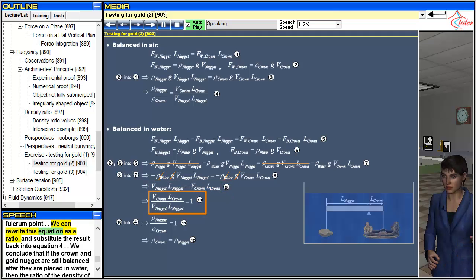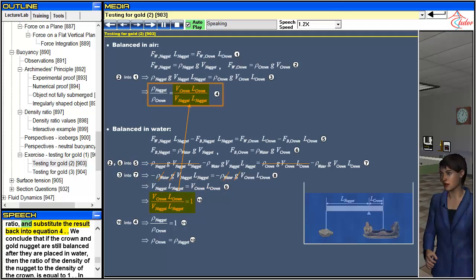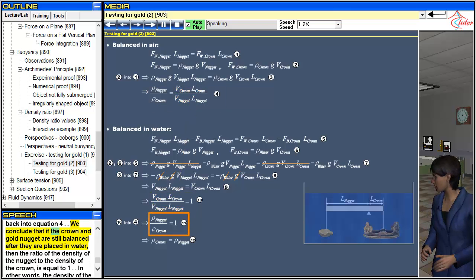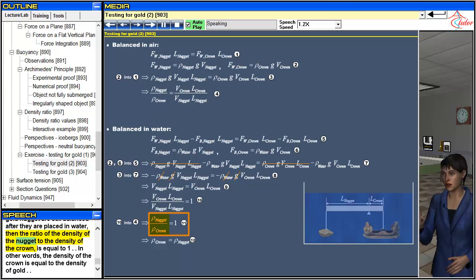We can rewrite this equation as a ratio and substitute the result back into equation 4. We conclude that if the crown and gold nugget are still balanced after they are placed in water, then the ratio of the density of the nugget to the density of the crown is equal to 1. In other words, the density of the crown is equal to the density of gold.